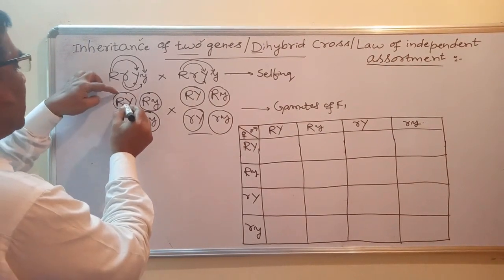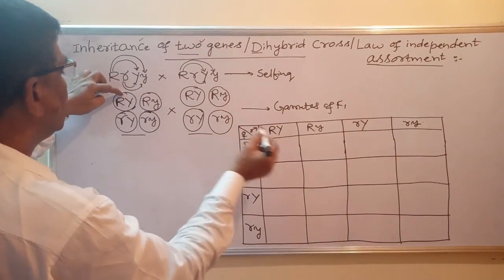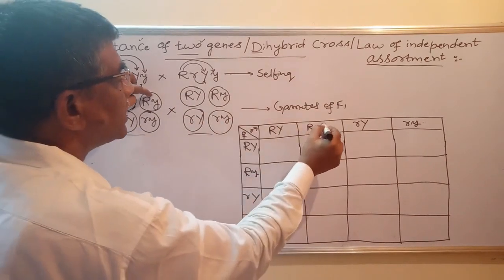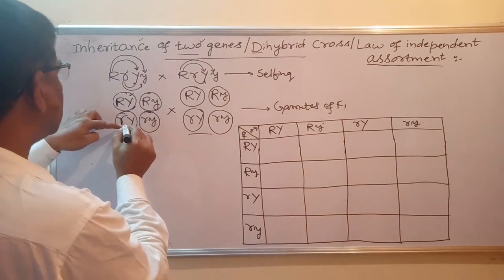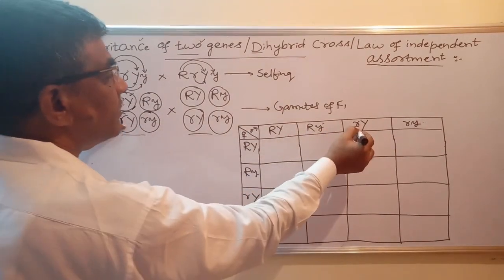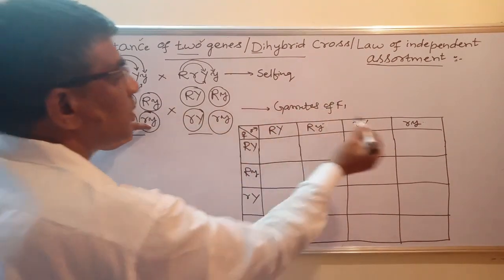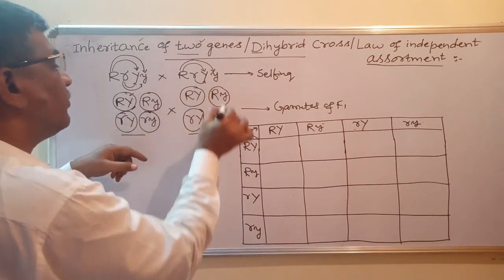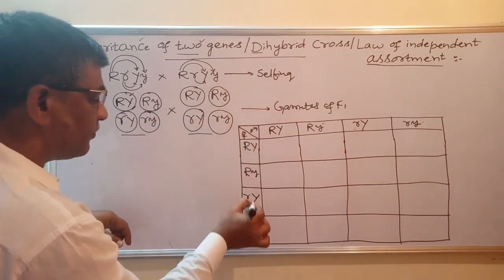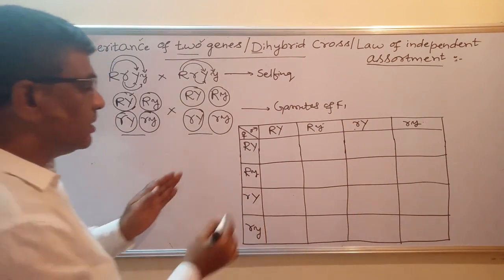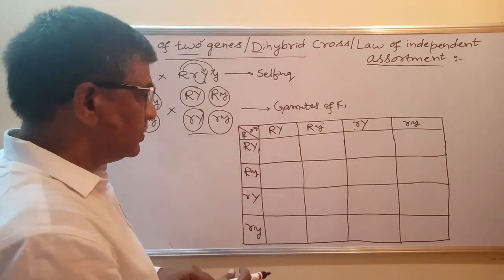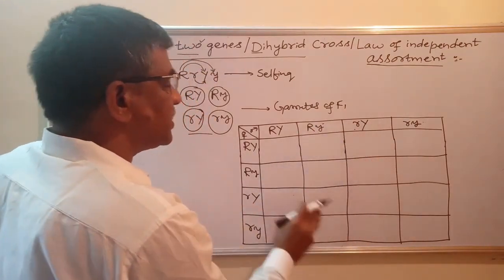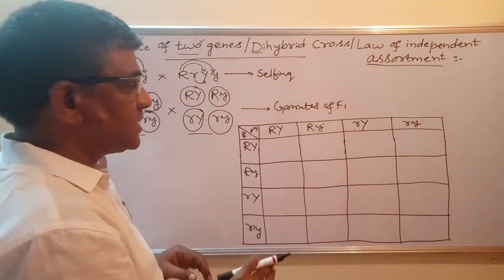I have written capital R, capital Y here, capital R, small y here, small r, capital Y here, and small r, small y here. Similarly, all the female gametes are written in the left column. The possible combinations of the next generation should be written in these boxes.